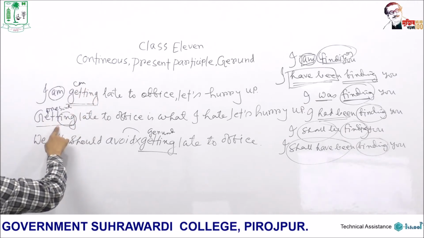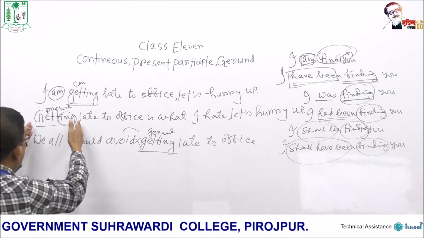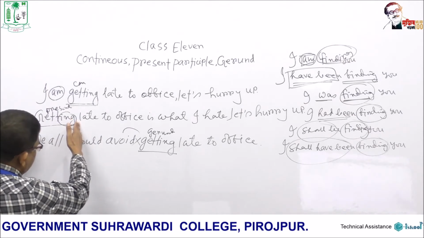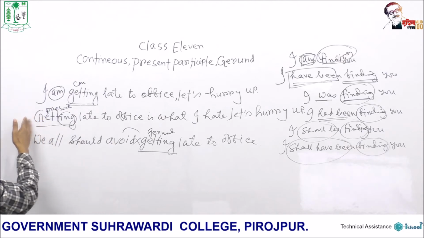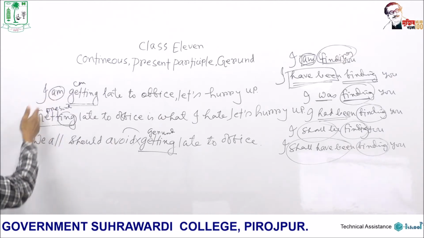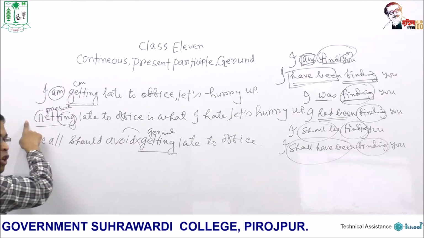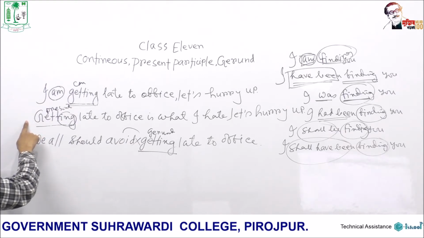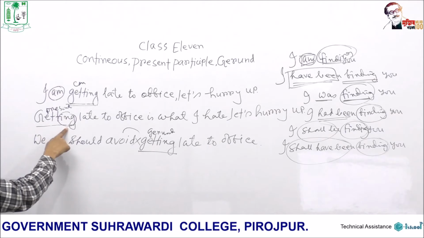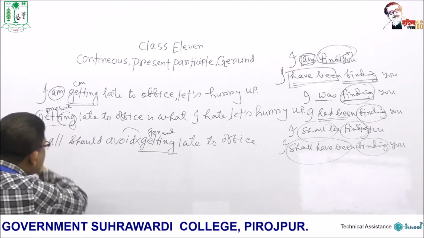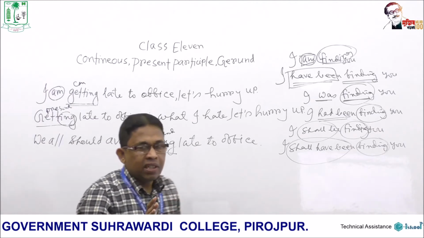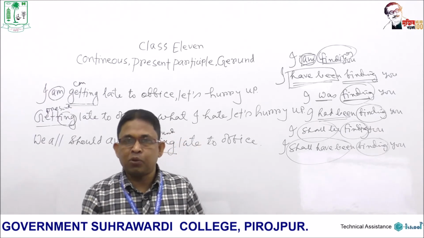This is present participle. What is the position of this getting at the beginning? Doesn't matter. Just as I have already mentioned, this getting is not governed by any auxiliary verb, but it is taking ing. This getting also derives from a verb, no doubt.